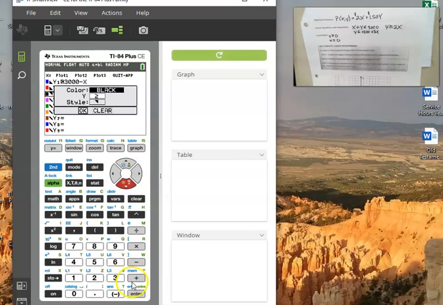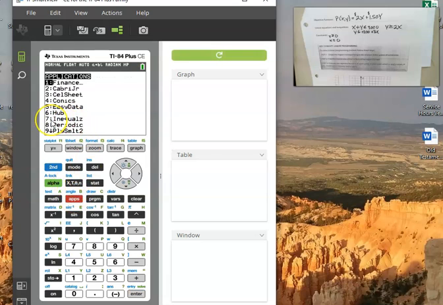If that's not on, go to your apps and turn on or off number 7, Inequalz. That's where it gives us those things. All right, back to this. I've got my last one here that I'm going to type in, and that one is y is greater than or equal to 2x. I'm not going to do the ones with the axes. That's kind of silly. I'm just going to change my window to make everything fit.